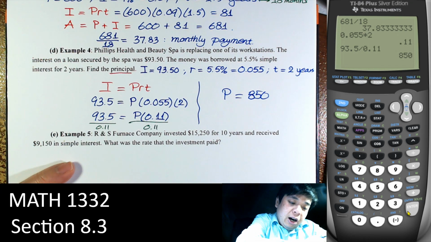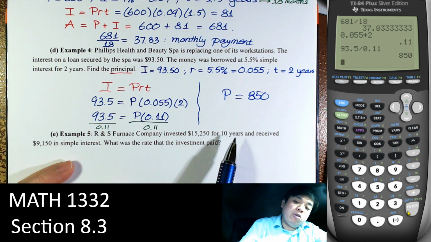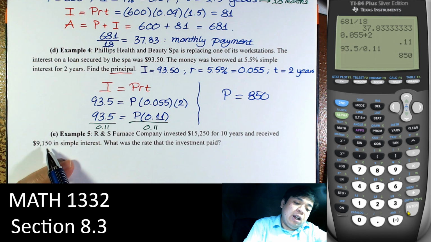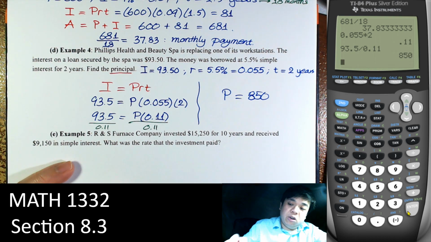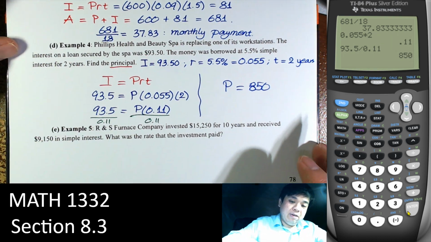Next, R&S Furnace Company invested that much for 10 years and received 9,150 simple interest. So that's the interest. What is the rate? So let's see what do we have here.